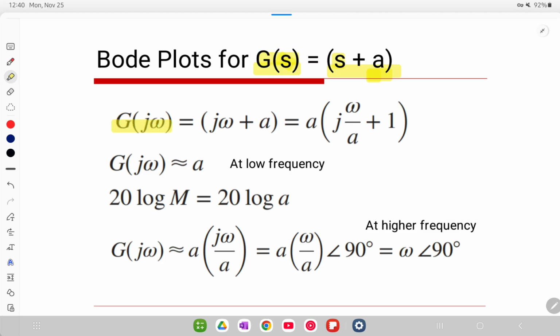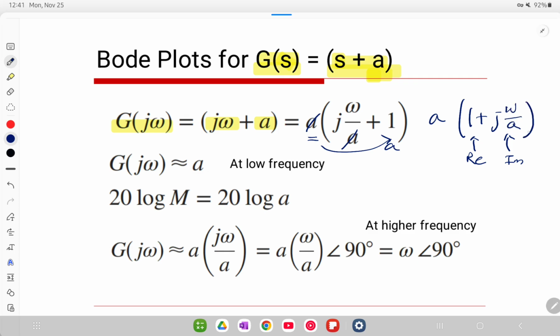So G of j omega equals j omega plus A. You do a little bit of algebraic manipulation, which I'm going to show you briefly. You take out A, and it is literally the same thing, but you are expressing it with a gain A times 1 plus j, where 1 is the real portion, and omega over A is the imaginary portion.